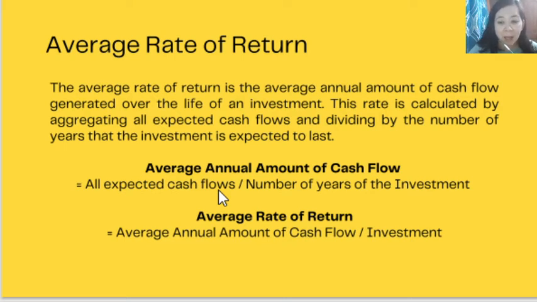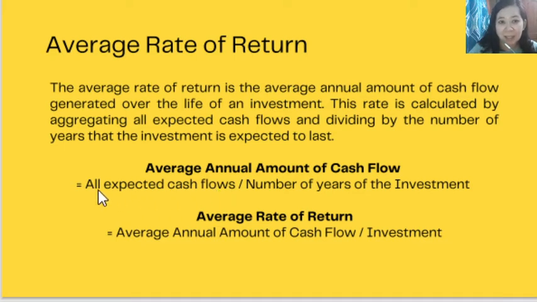Every year, there is a forecast or projection of what amount the enterprise will receive upon using the investment. So what you're going to do is add all of these cash inflows. For the first year, how much is your inflow? We will add that to the cash inflows to be received in the second year, third year, and so on.